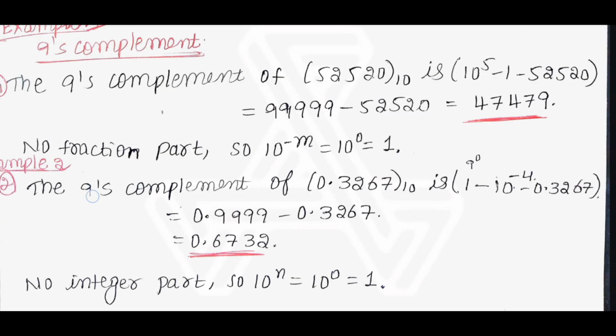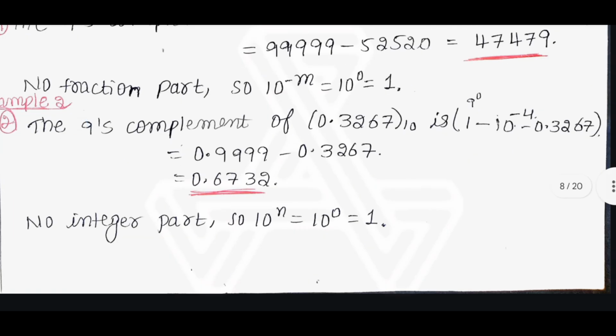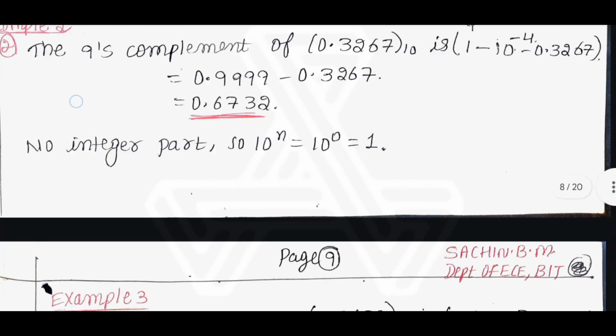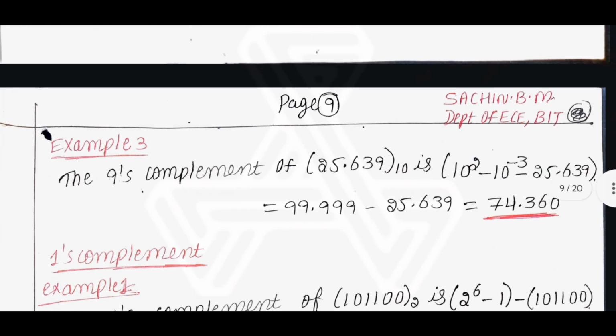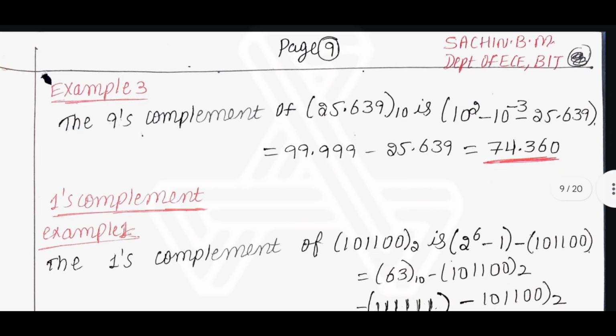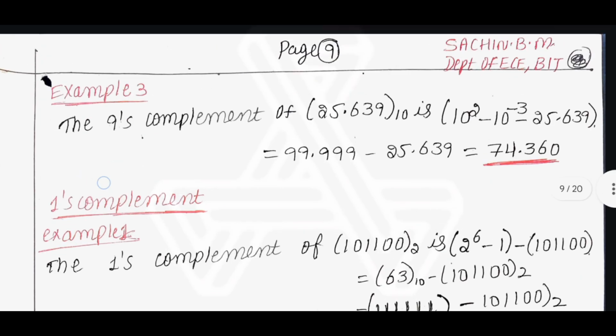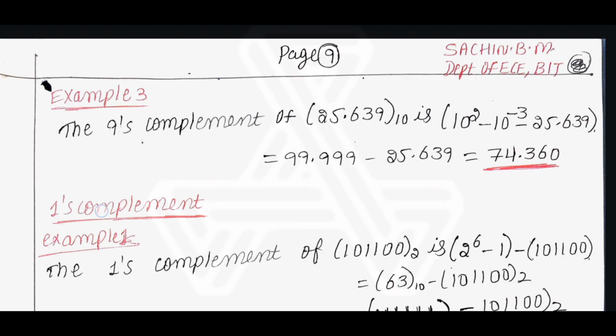Since there are 4 digits after the decimal, we put 10 power 0 minus 10 power minus 4 minus 0.3267. No integer part. And again the 9's complement of 25.69: 25 is the integer part, so 10 power 2 minus 10 power minus 2 minus this number gives you the 9's complement.